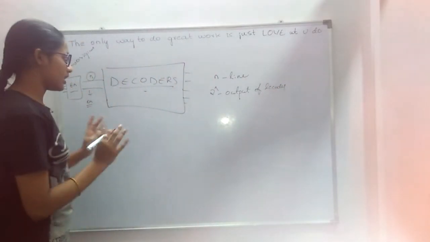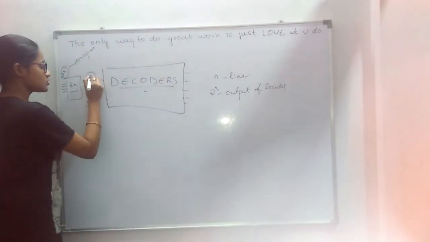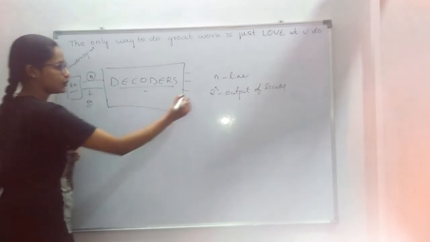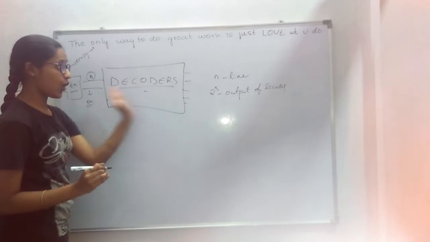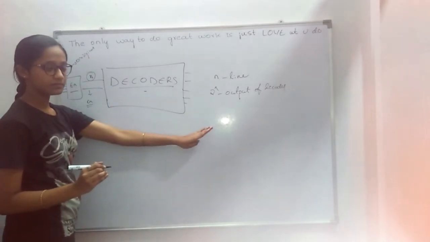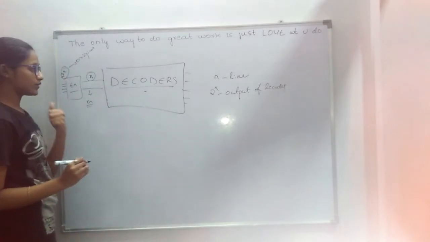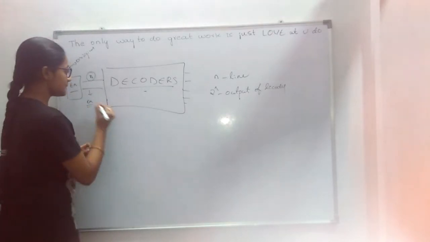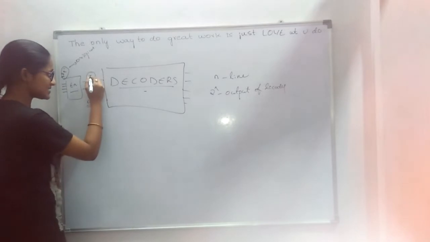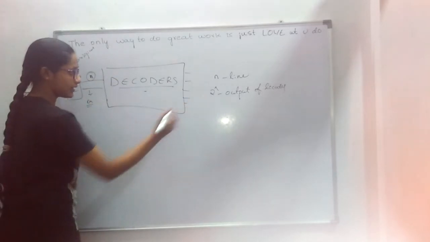Okay, now see. As you have n inputs, you will get 2 power n at the outputs. So which is opposite to what? Encoders. Decoders are opposite to encoders. So see, as it is n, you will get 2 power n.